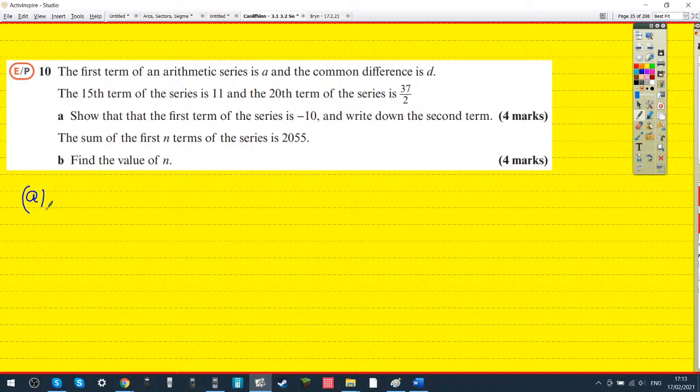So A plus 14D is 11, and A plus 19D is 37 over 2.